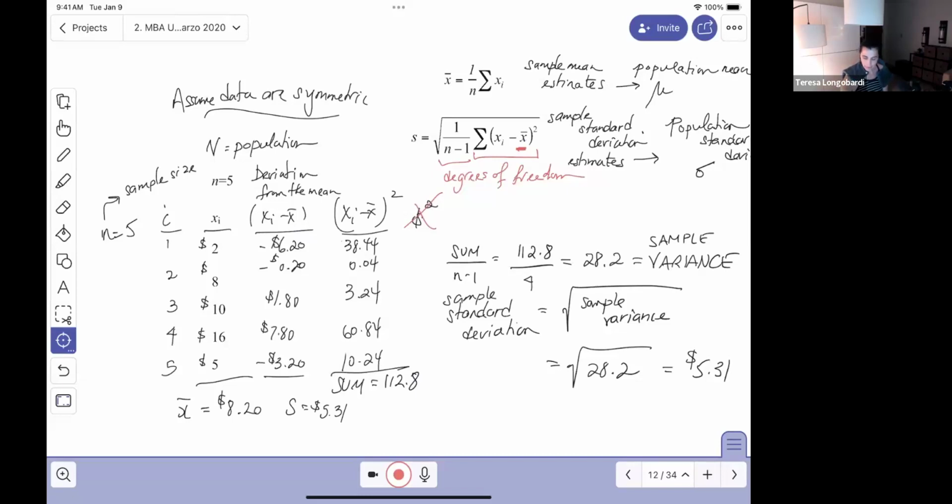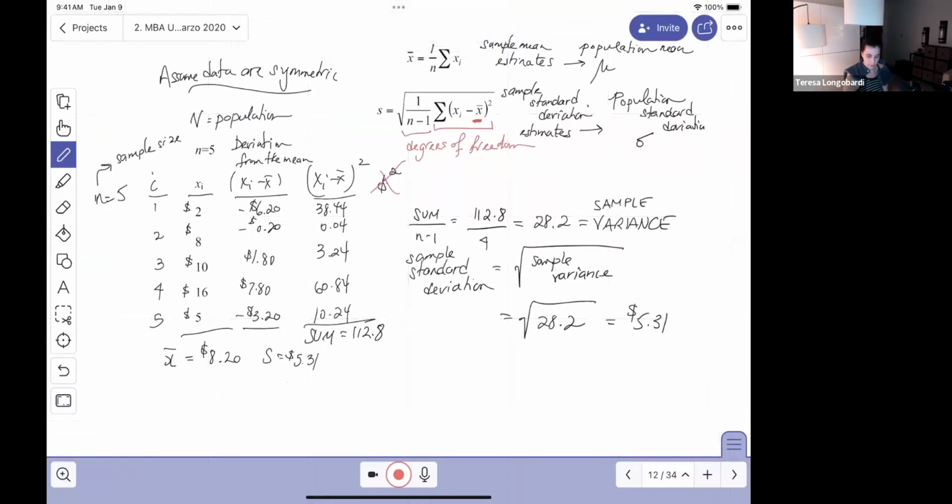So how do I interpret this? This is the mean, this is the standard deviation. What I do is I say, and you can see it in the notes, when I explain this, we conclude that on average, the student has $8.20 to spend, give or take $5.31.